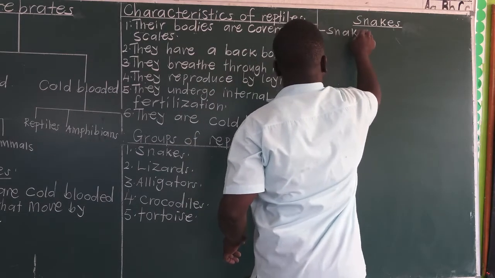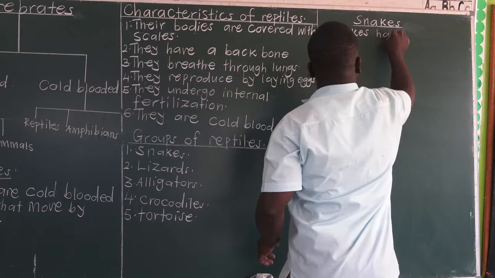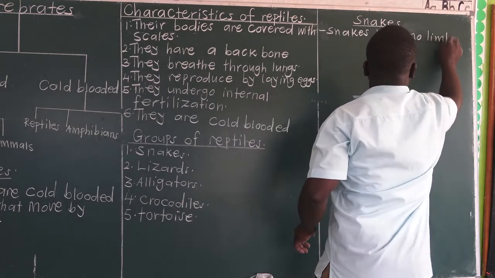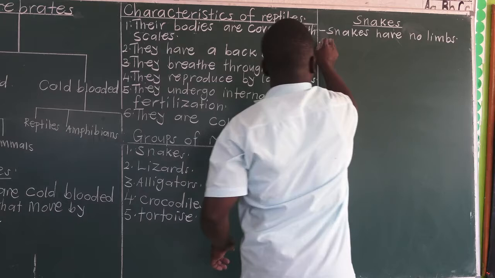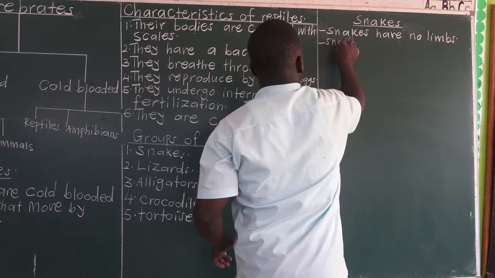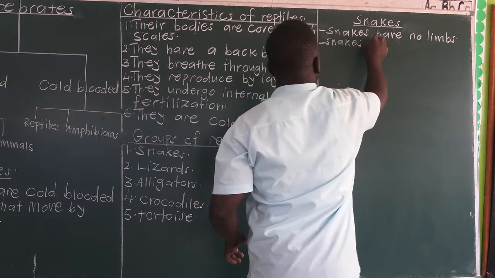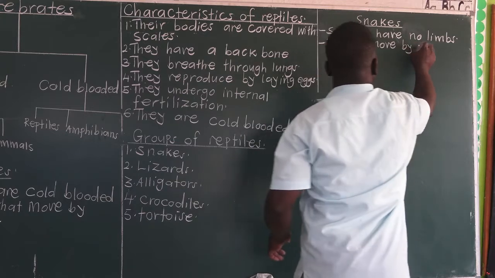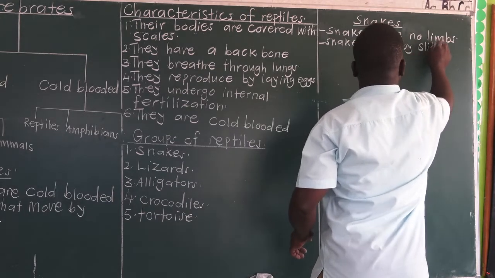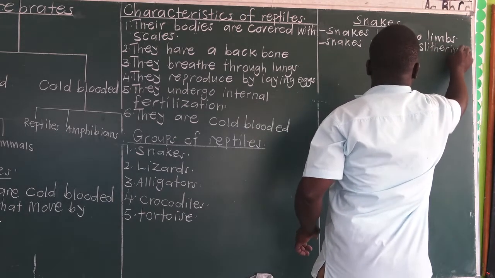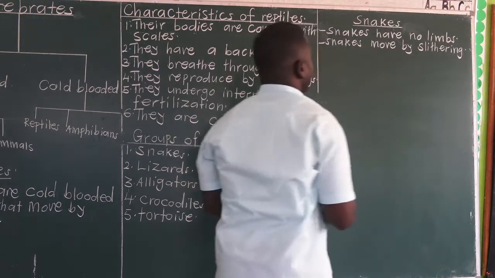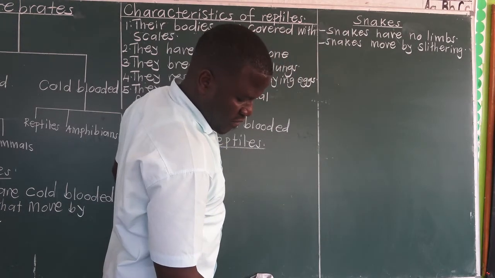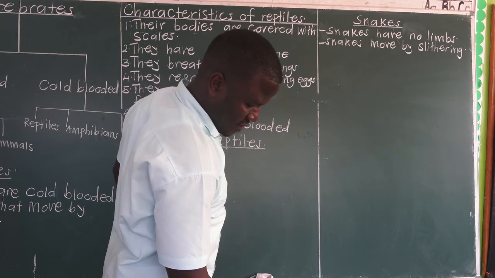Snakes have no limbs. Snakes move by slithering.